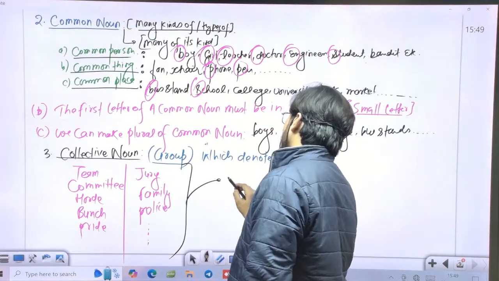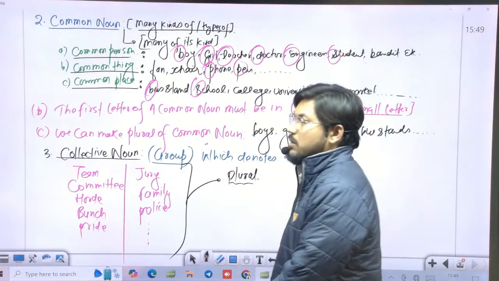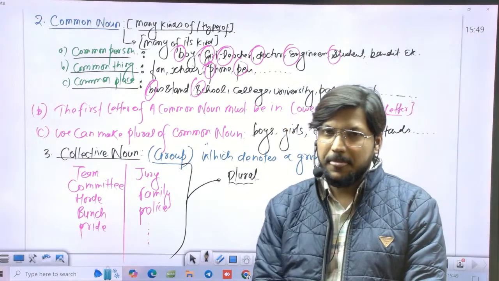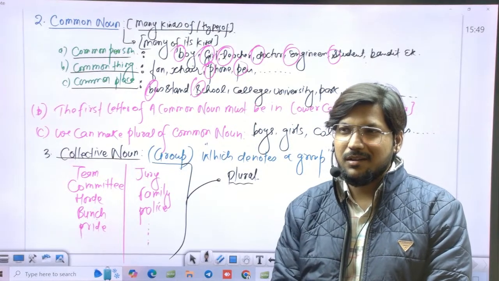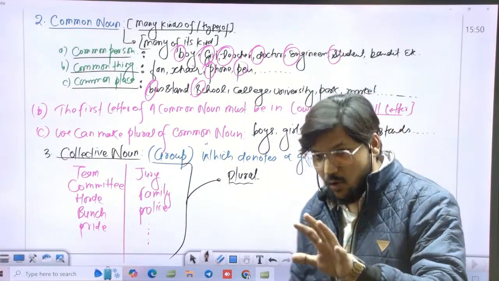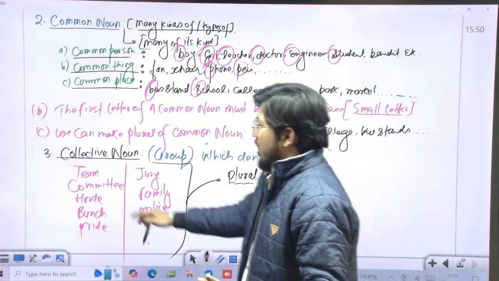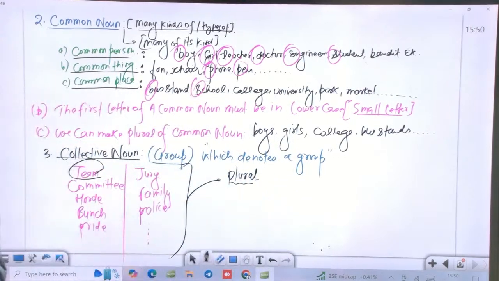Now you have to tell me, can we make them plural or not? Yes or no? Can we make them plural or not? Oops. That is your exception case. Now come to the point. If a team cannot be consisted of one person, so it means we are talking about many people must be there.